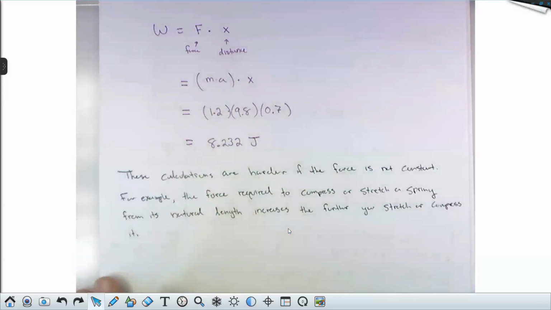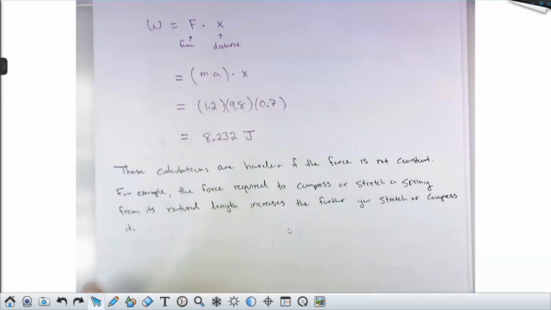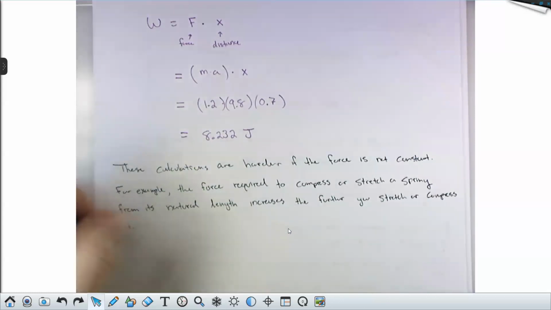This is something we've probably all experienced, right? This is called Hooke's law.